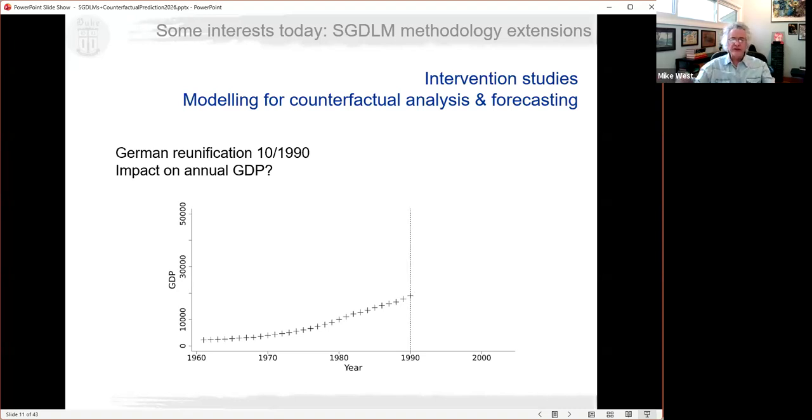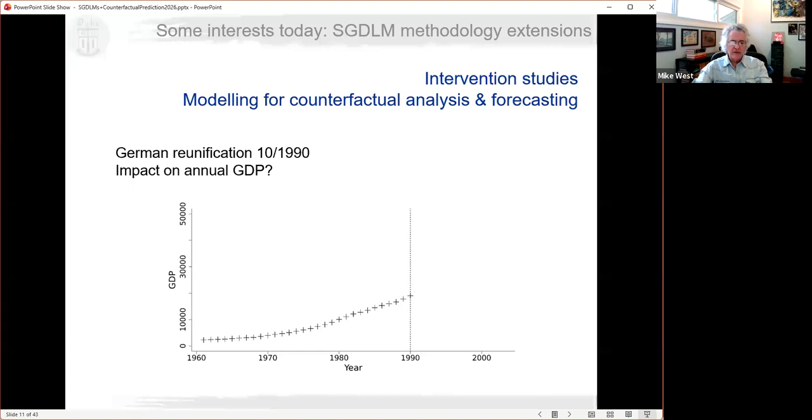Why am I interested in that GDP graph and the context? Over the years in the causal inference literature in economics and political science, one little example has been German reunification at the end of 1990.